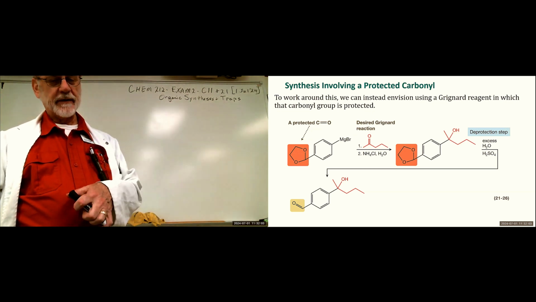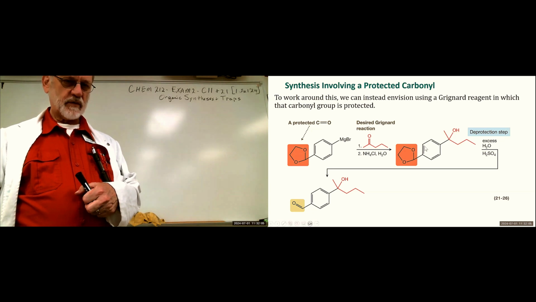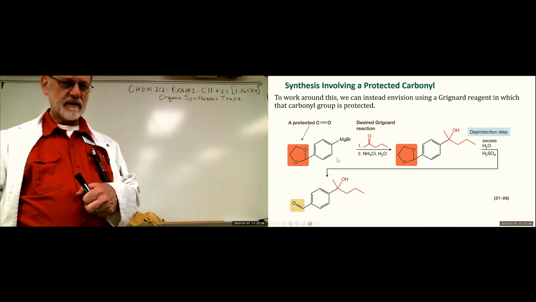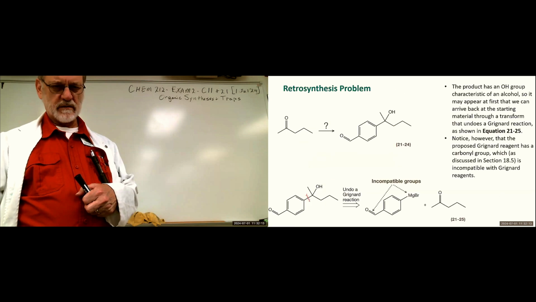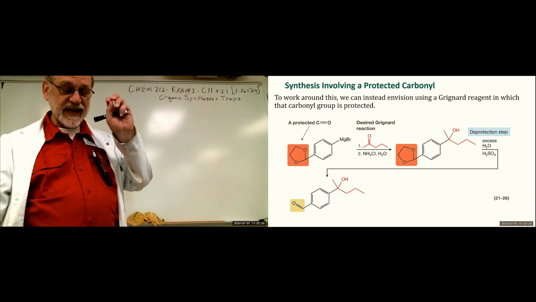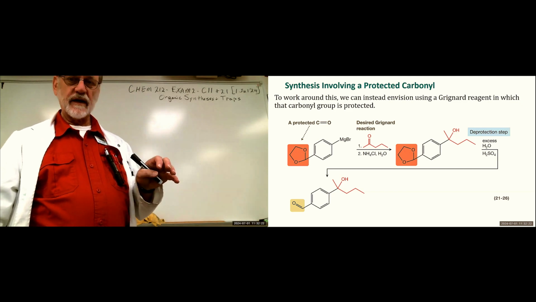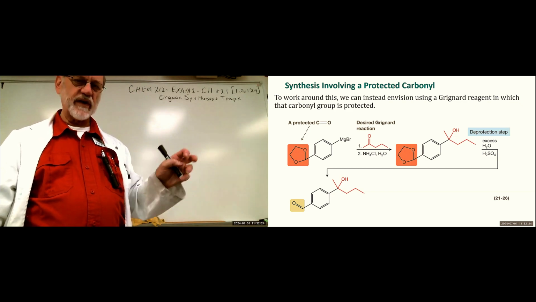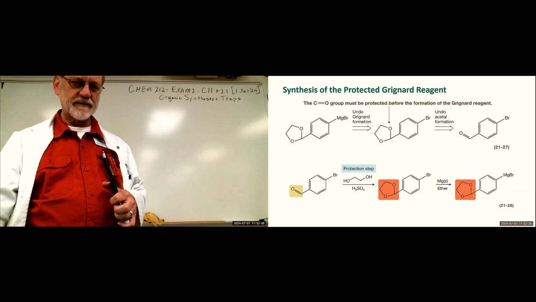So we protect the carbonyl on the other side until we get finished with the Grignard, and then we reconstitute the carbonyl.